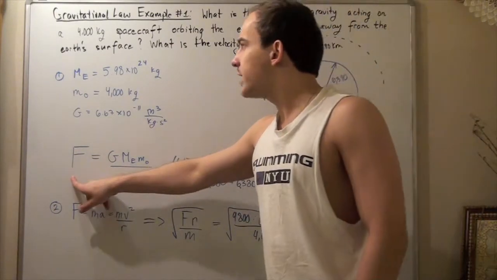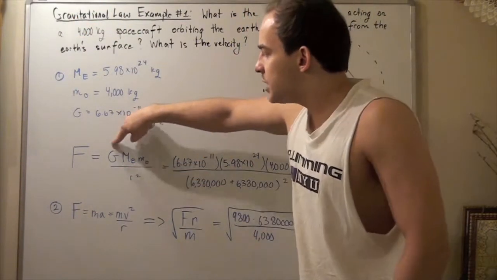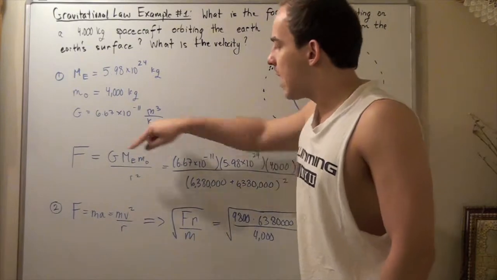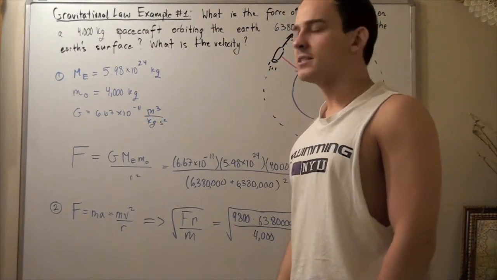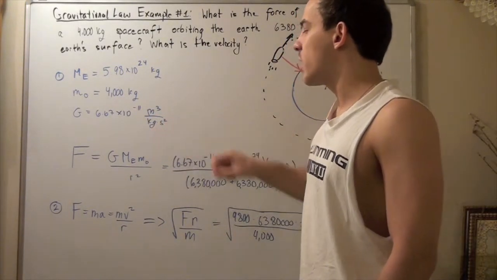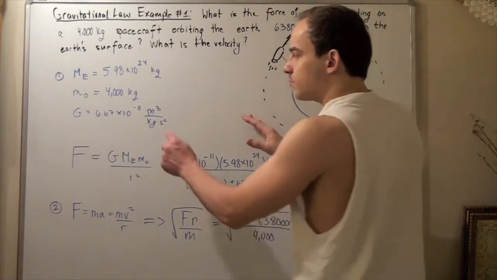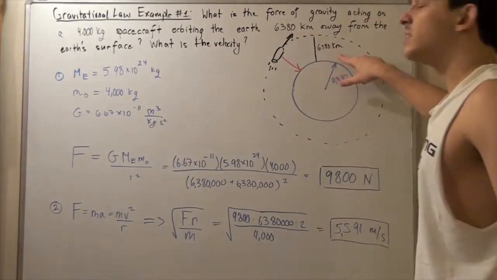So, this equation, the gravitational law, is simply force equals G, our gravitational constant, which is simply 6.67 times 10 to the negative 11 meters cubed divided by kilograms times second squared. Now notice one thing. We're dealing with meters, and this is given in kilometers.